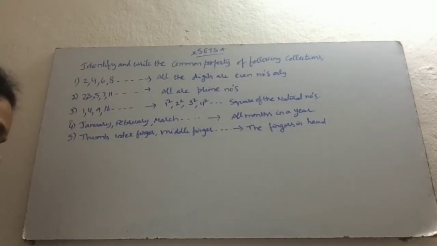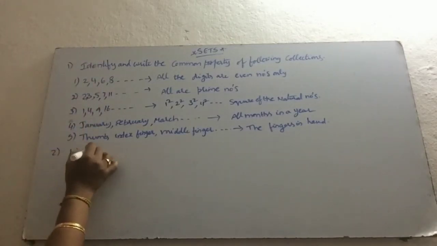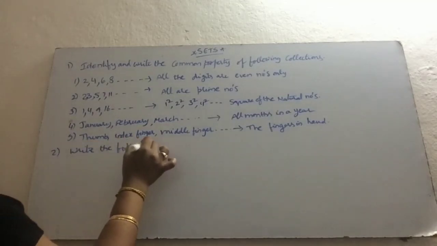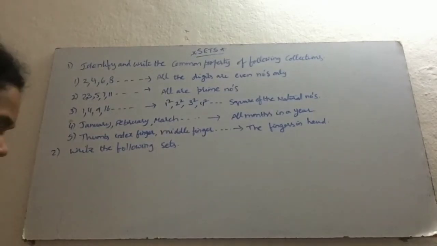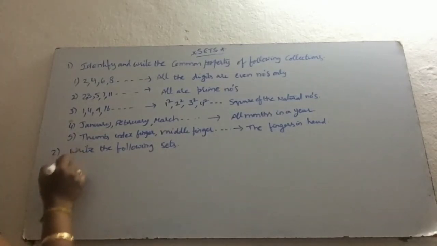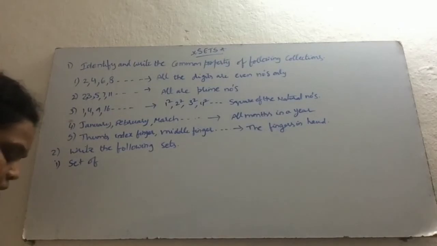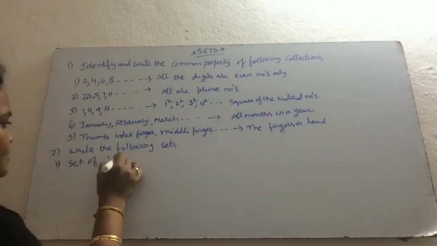So next one, write the following sets. First one, set of first 5 positive integers.